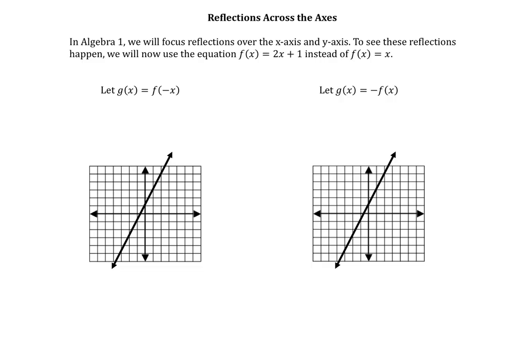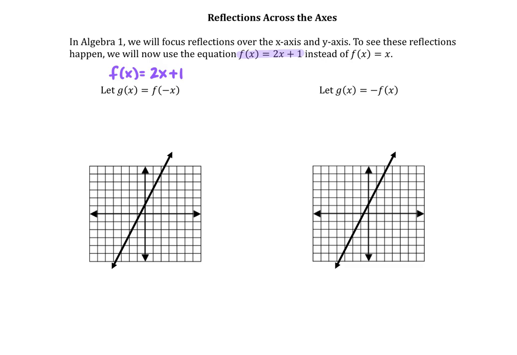So instead, on this one, I'm actually going to use my original function as f of x equals 2x plus 1. So if I go into Desmos and I type in that original function, f of x equals 2x plus 1, it would give me the graph in black that you see on the picture below.